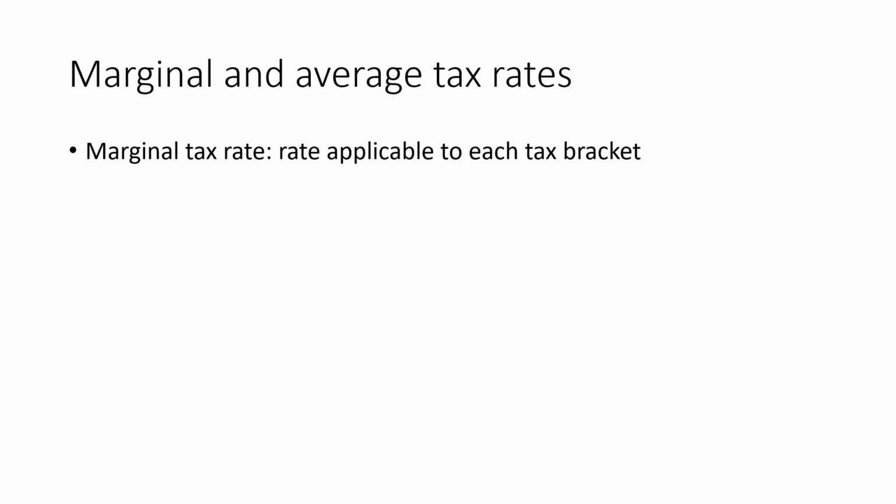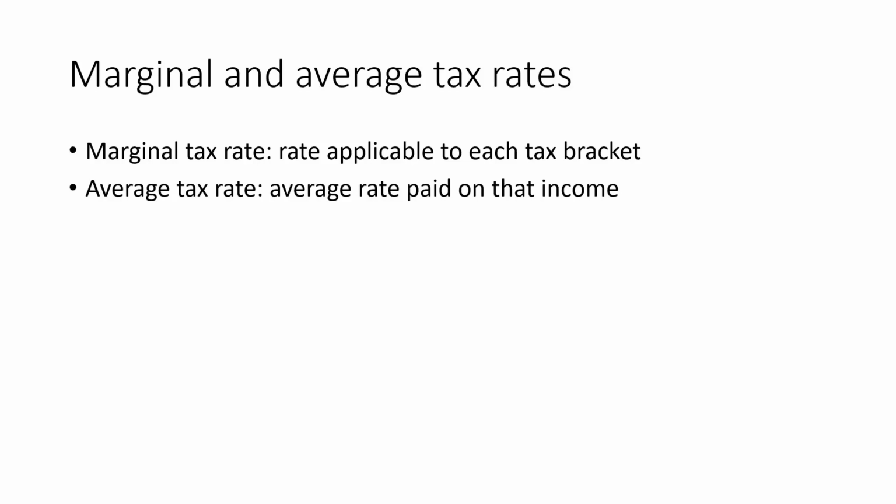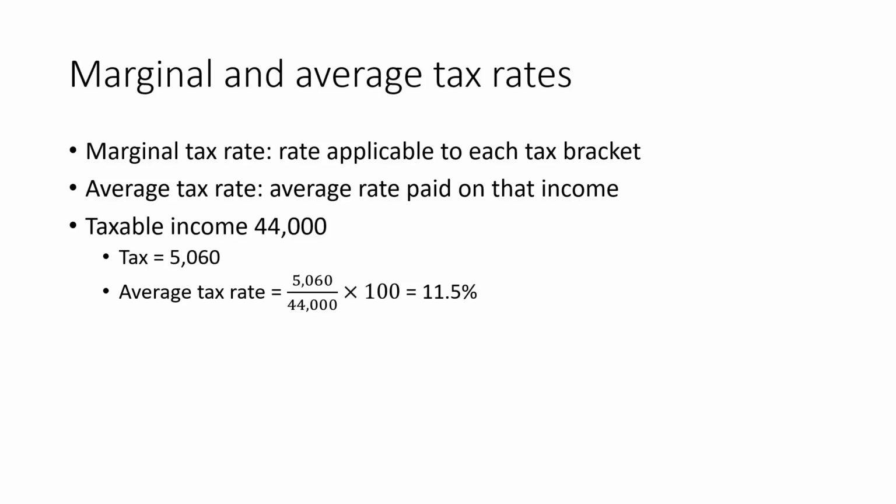And the way we calculate average taxes: as we saw, the marginal tax rate was a tax rate applicable to each bracket. The average tax rate is the average rate paid on that particular income, and it changes. Because each individual faces a different marginal tax rate based on their income, they will have to pay a different average tax. So on average, the first taxpayer paid 5060 divided by 44,000 times 100, an average tax rate of 11.5%.